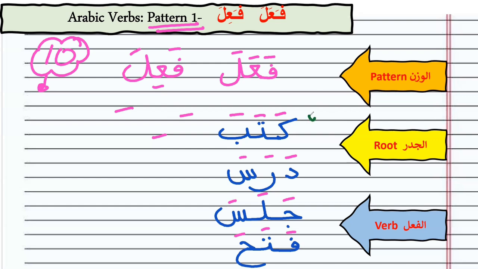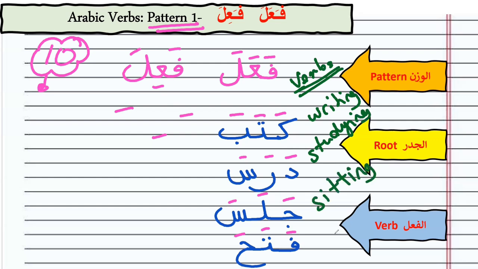So kataba has to do with writing, and these are all verbs, but I'm referring to the meaning right here. So writing, and here darasa, studying, and then jalasa, sitting, fataha, opening.